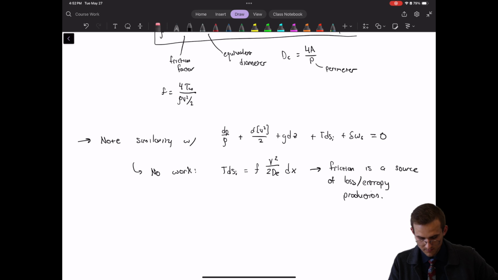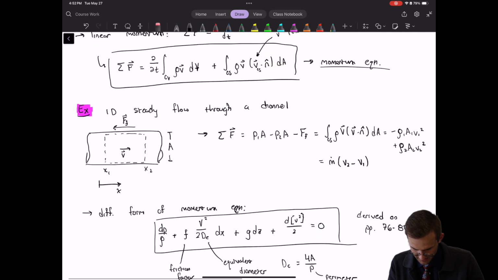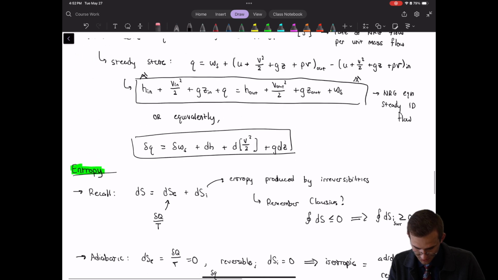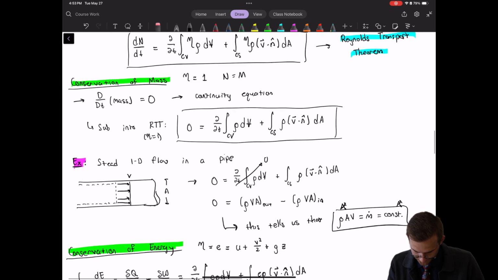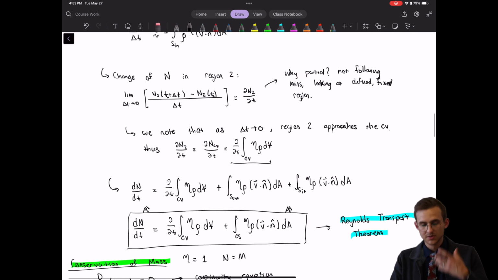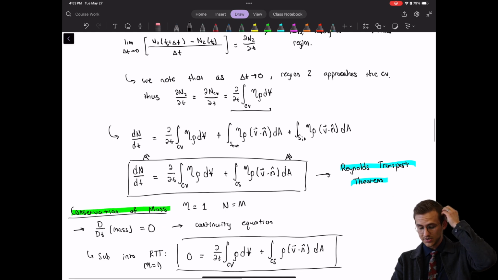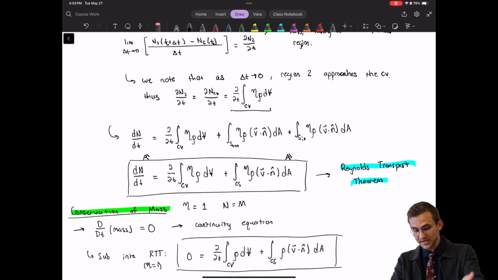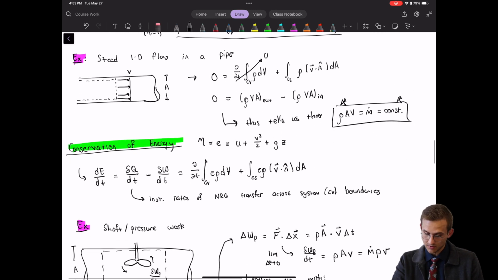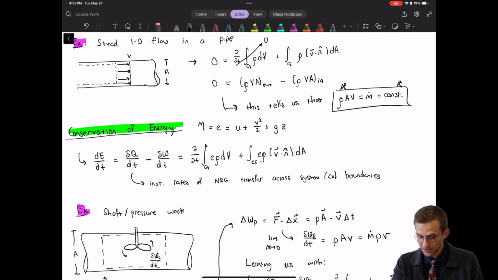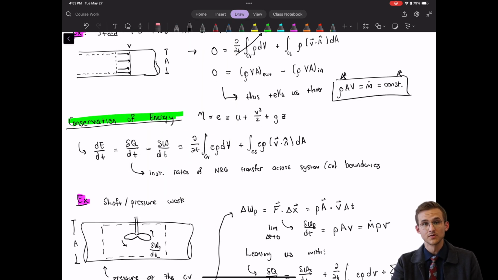Okay? All right, so that brings us to the end of this lecture. Sorry, I got a little stilted at the end there, but the point is that you use the Reynolds Transport Theorem here. You input different quantities like mass, momentum, energy, and it allows you to come up with these very useful conservation equations, like that for a steady 1D flow, the mass flow rate is constant.